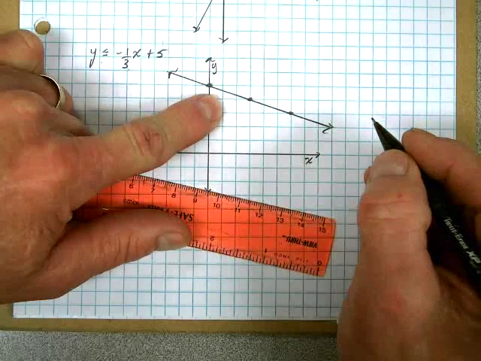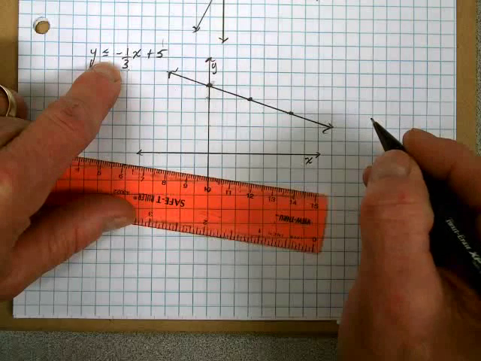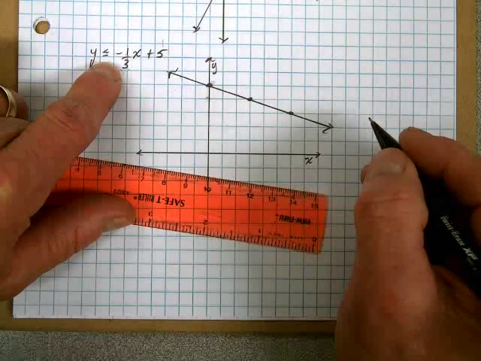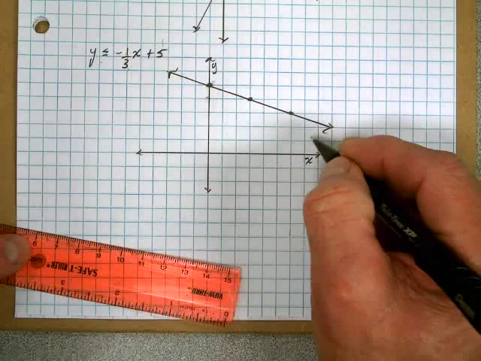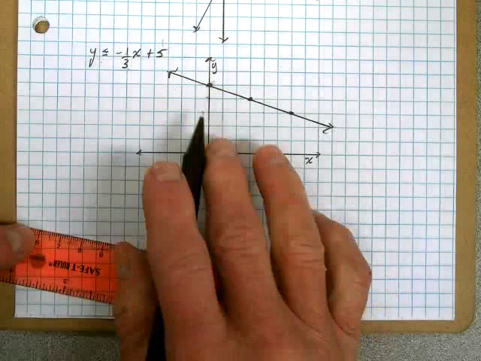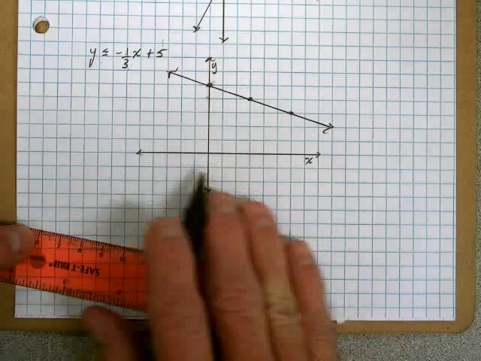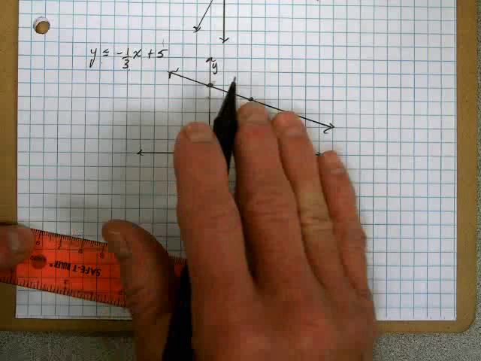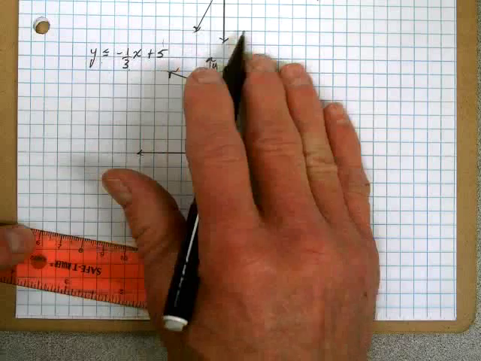This line represents the boundary condition for this inequality. Boundary condition meaning that when we graph an inequality, we essentially divide the plane into two half planes. So we've got a region in the plane that's below this line, and we have a region in the plane that's above this line.